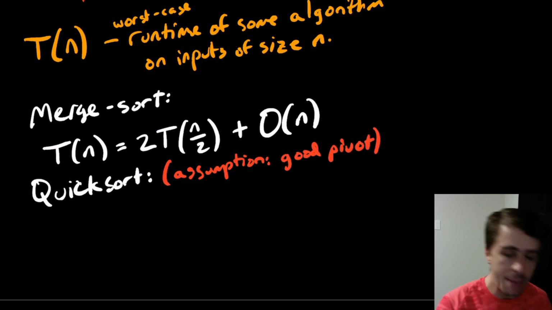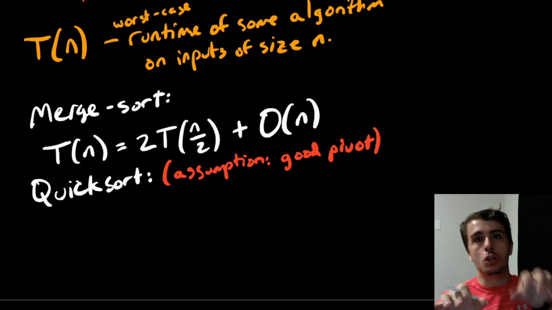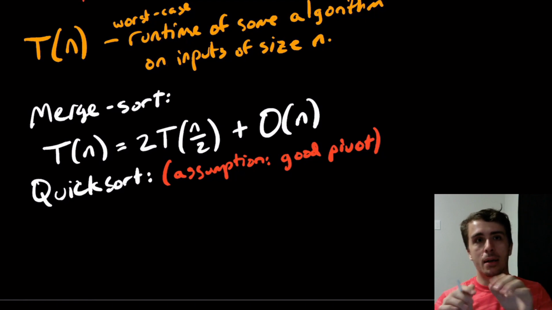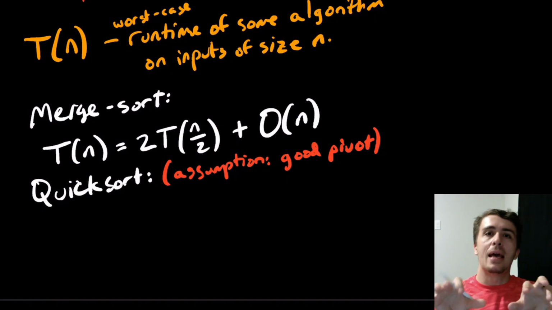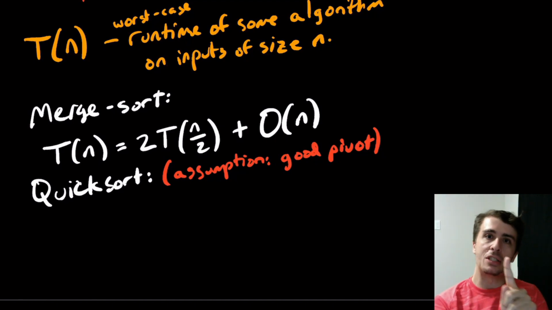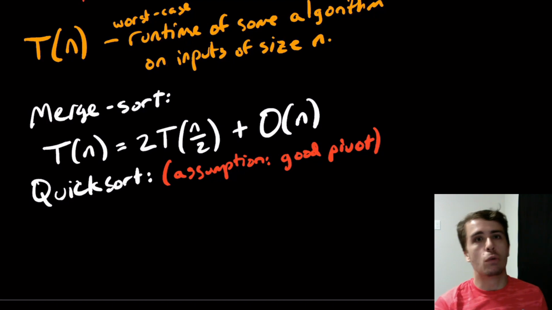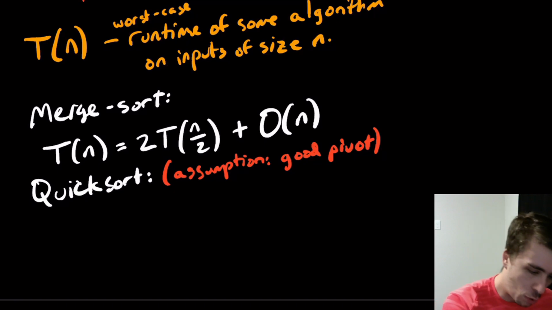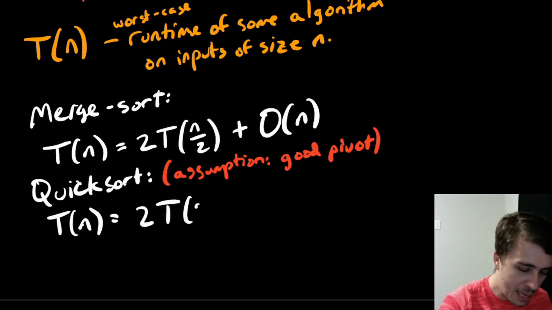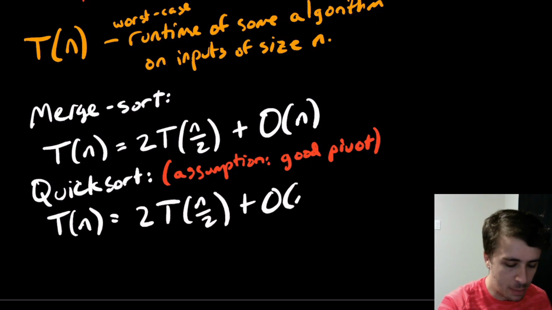And by good pivot, I mean that we split the array into two pieces of equal size. Well, it's actually going to be exactly the same thing as Mergesort, because the size of the two problems are going to be n over 2, assuming we got a good pivot, and the amount of time to move all of the elements to either side of the pivot requires us to go through the whole array, which is going to be order n times, a constant times n amount of work, just like before. So the T of n runtime for this one is going to be identical, assuming we have a good pivot.